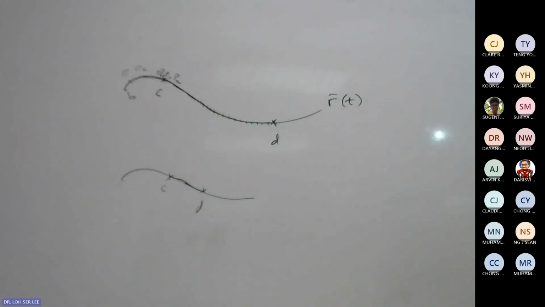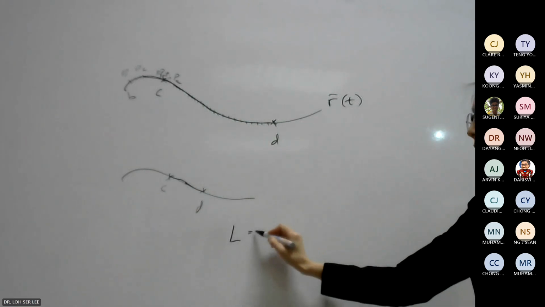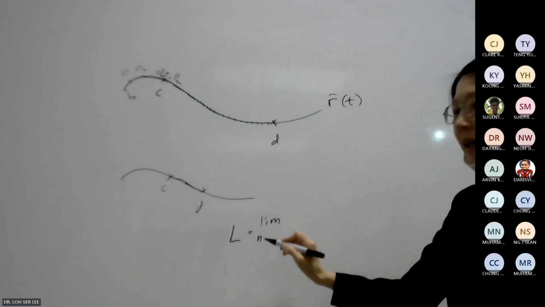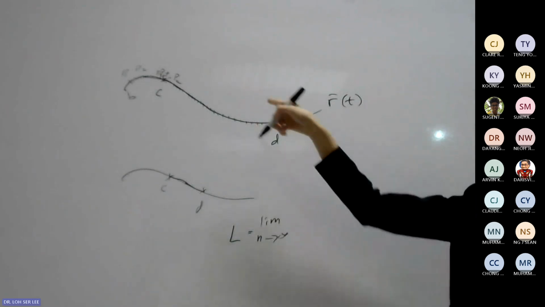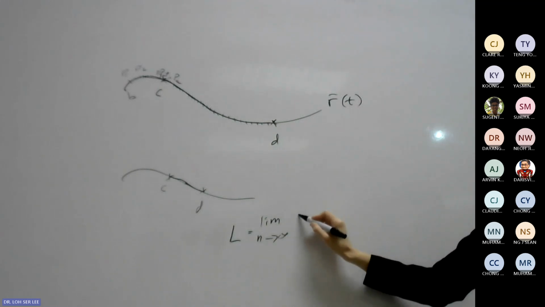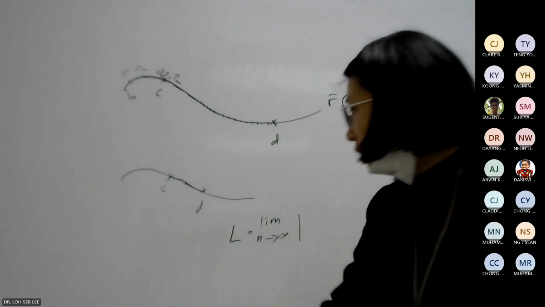a better approximation. So that's why the arc length L is given by this limit, n tends to infinity. We want to break the distance into infinitely many subintervals. So the length will be the summation.